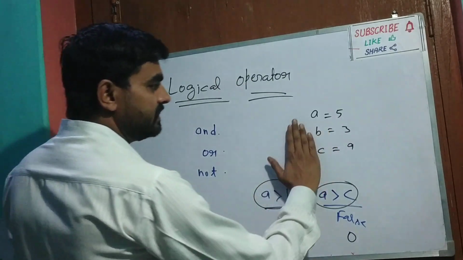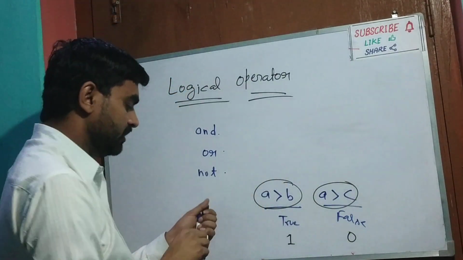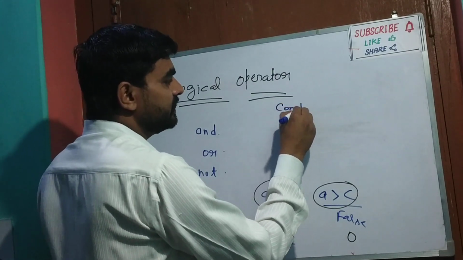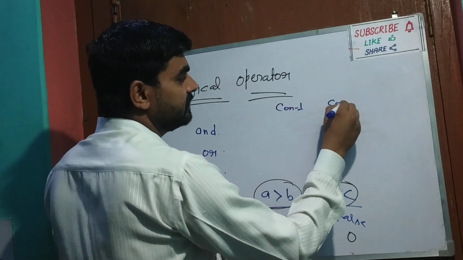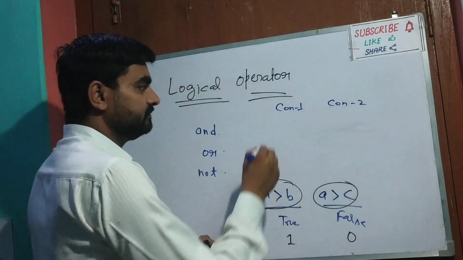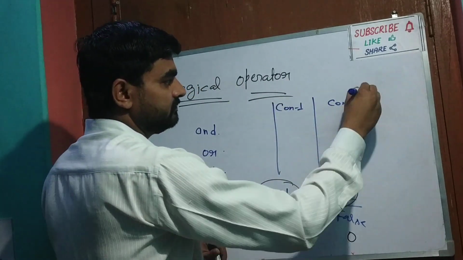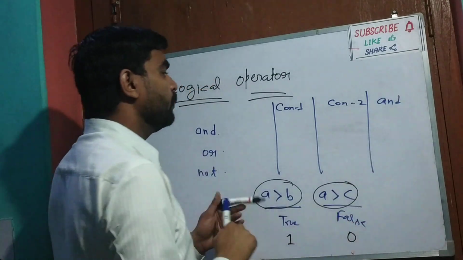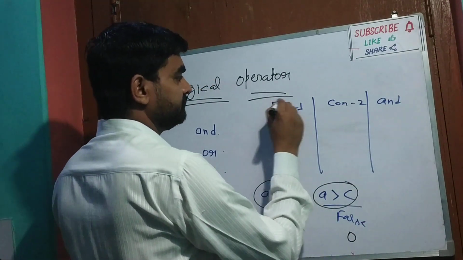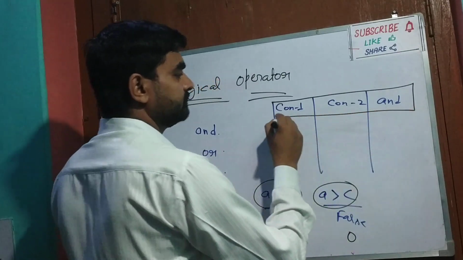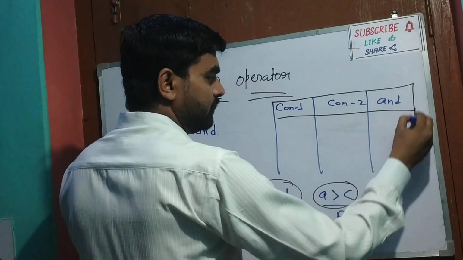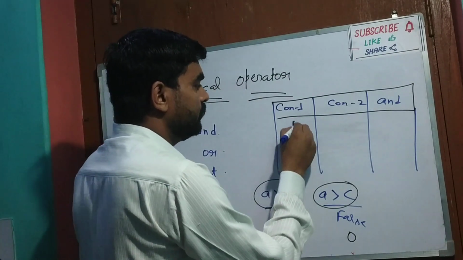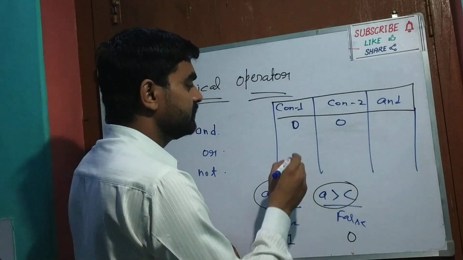I am going to erase this and draw here. Suppose this is condition first and this one is condition second, and you are going to use the AND operator. What will the result be? Suppose condition first is false and condition second is false.